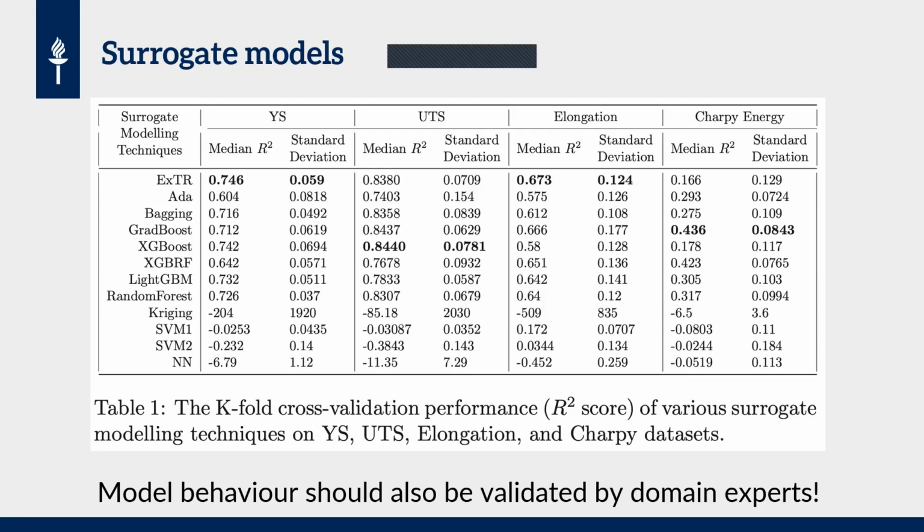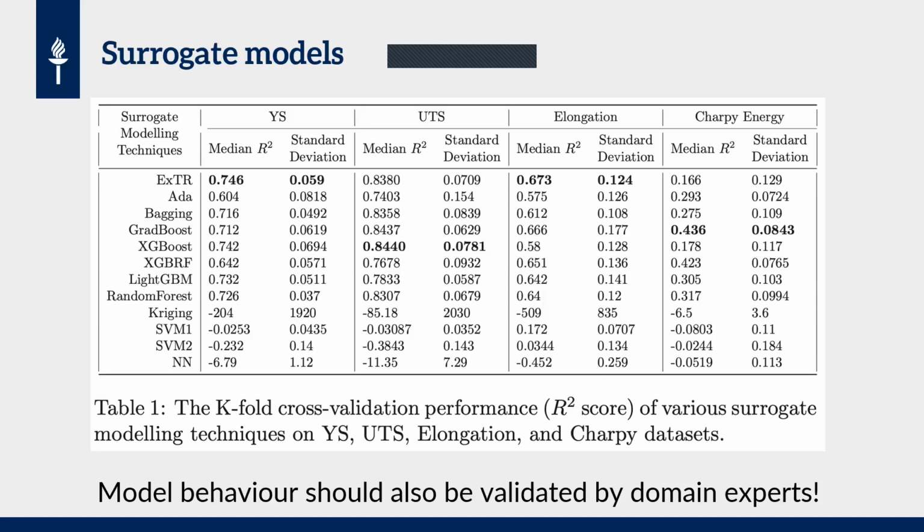But based on that, we basically did k-fold cross-validation. If you are aware of cross-validation, if not, again, you can look at the scikit-learn documentation. They have very good documentation on these kinds of tests. But basically, we trained a bunch of surrogate models on all of the 4 objectives that is based on the data, and we measured how good that particular surrogate model was for that particular objective.